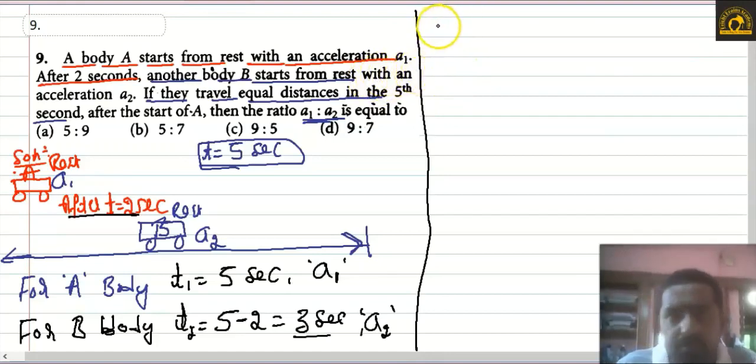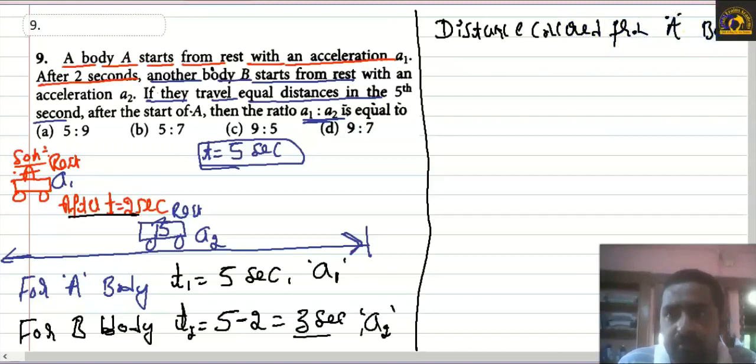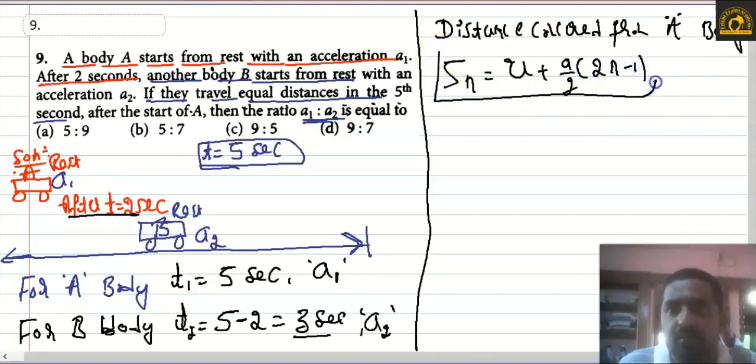Then the distance covered by body A. We know the nth second formula: Sn is equal to u plus a by 2 into (2n minus 1). This is the distance covered in the nth second.